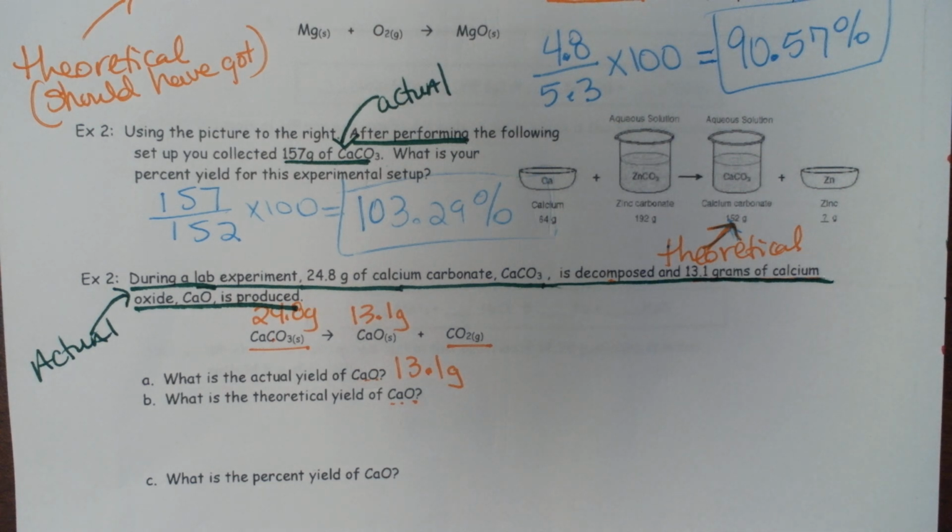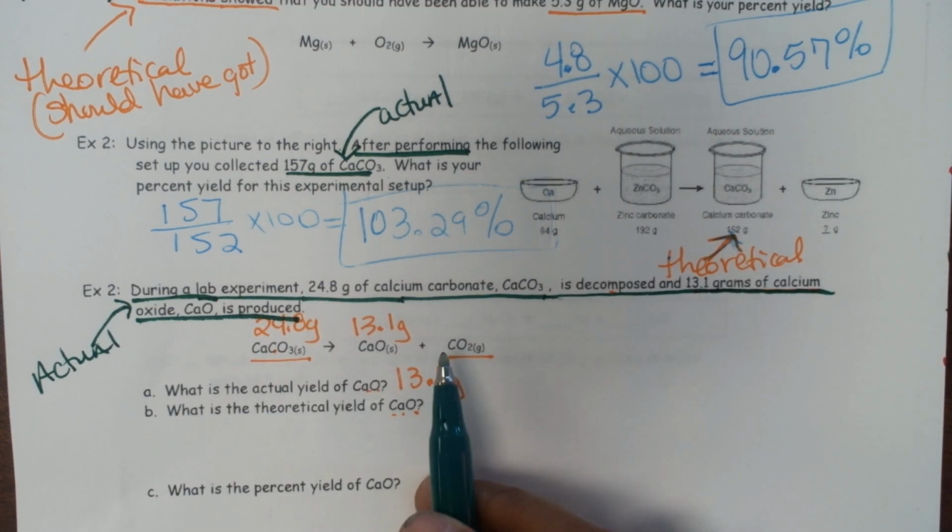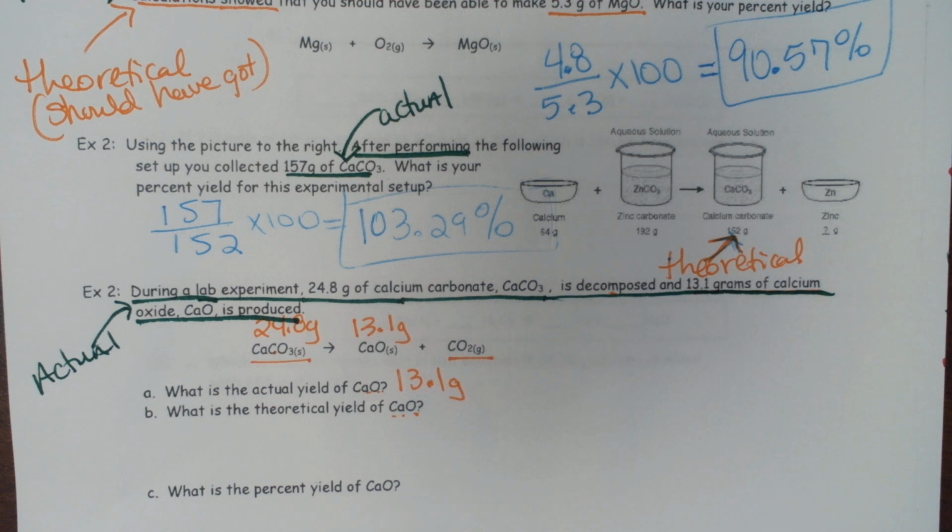Okay, but wait a minute. I like this thinking. Okay, let me go ahead and rephrase this. 24.8 is what I'm starting off with. And if I use 13.1, then whatever's left over is CO2, or the carbon dioxide. I agree with Ayla 100%.